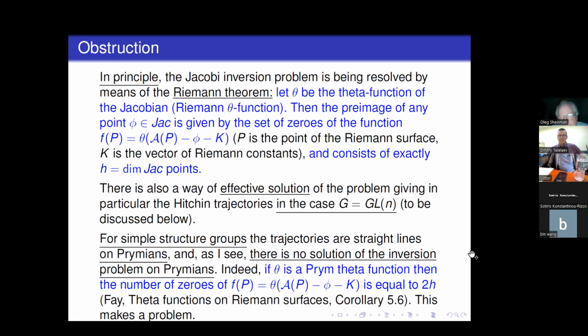But are there any integrable systems related to these generalized bundles? I don't know. Thank you very much.